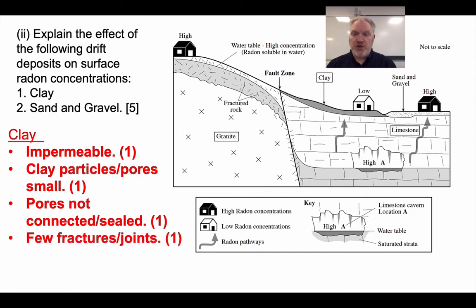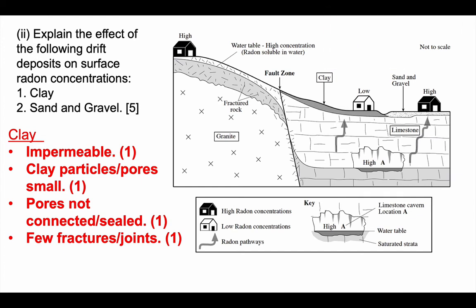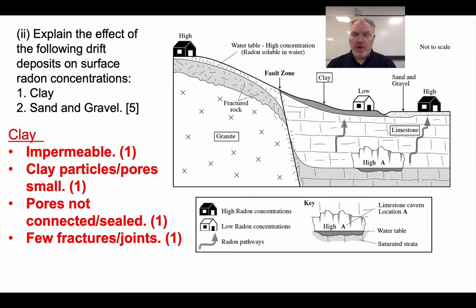There'll be few fractures or joints within this material. Any three of those will get you marks, or you could have two of these and pick up 3 on the sand and gravel. It just depends. If you're giving this as an answer in an exam question, I'd be not trying to limit my answer. I'd be trying to make sure I'd nailed it properly.